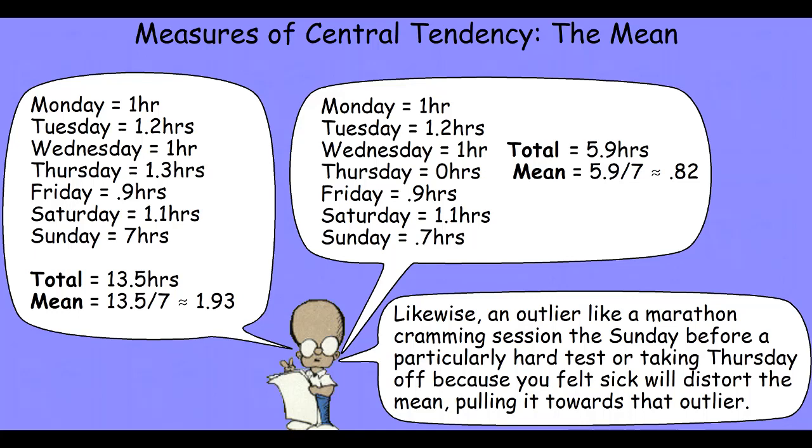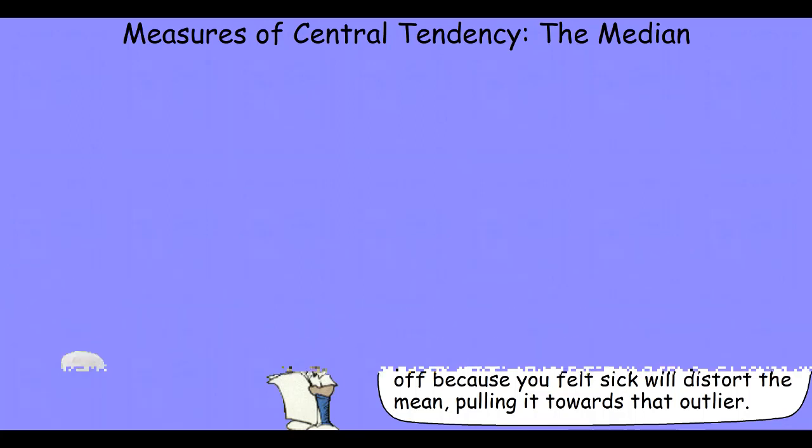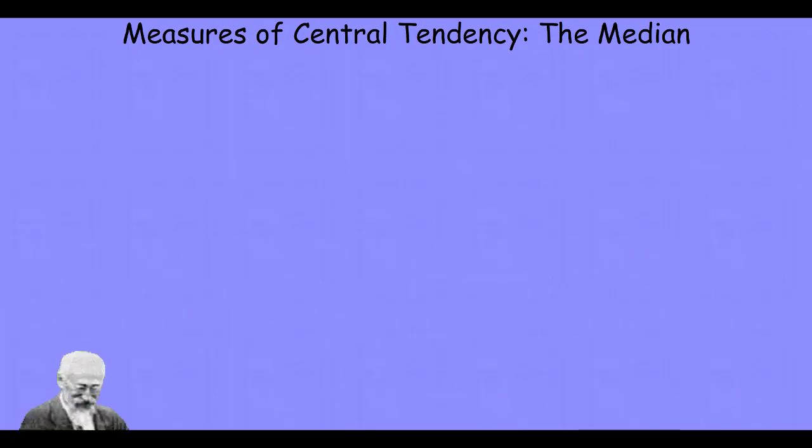So outliers can dramatically affect the mean, pulling it towards one outlier or another. So variability is problematic sometimes when we have means. In the next module, we'll turn our attention to our second measure of central tendency, the median.